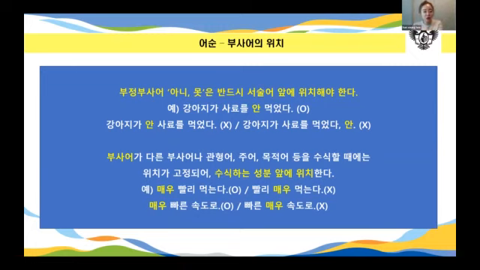But the next two sentences, 강아지가 안 사료를 먹었다, it's wrong. Also, 강아지가 사료를 먹었다 안, it's also wrong, right? Both sentences are wrong. Negative adverbs must come before the predicate.